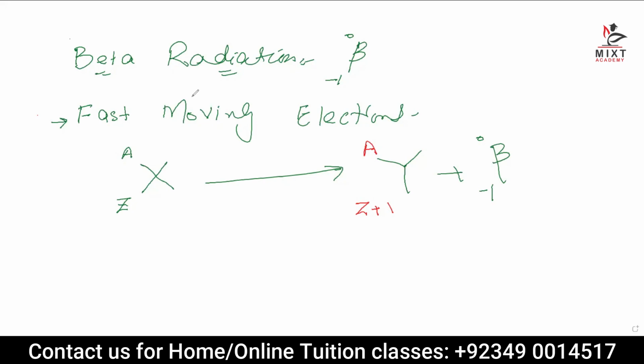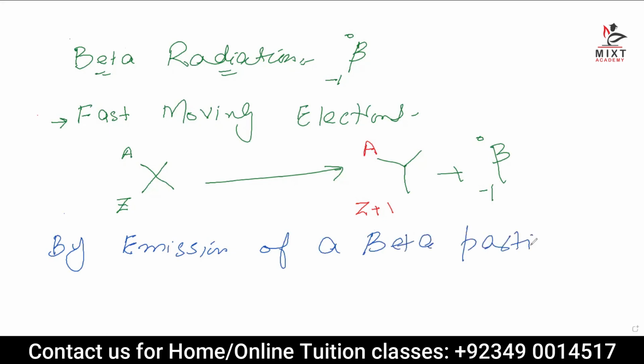Please write down a note that by emission of a beta particle, proton number is increased by 1.